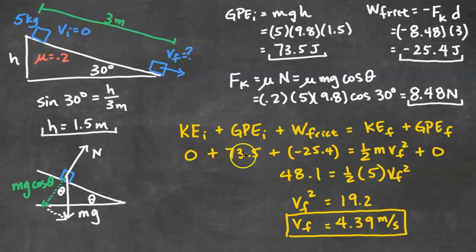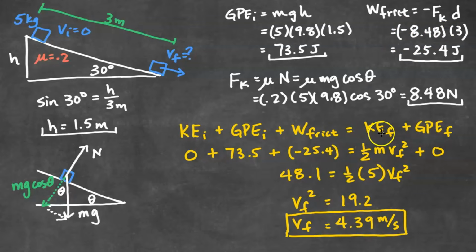The initial gravitational potential energy is 73.5 joules. The work done by friction is negative 25.4, which we calculated here, because work is force times displacement. We have the force of friction times the displacement, and it's negative because the friction and displacement are in opposite directions.